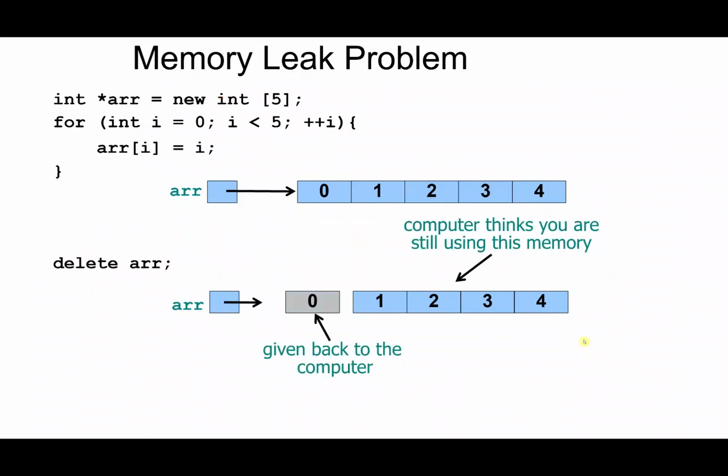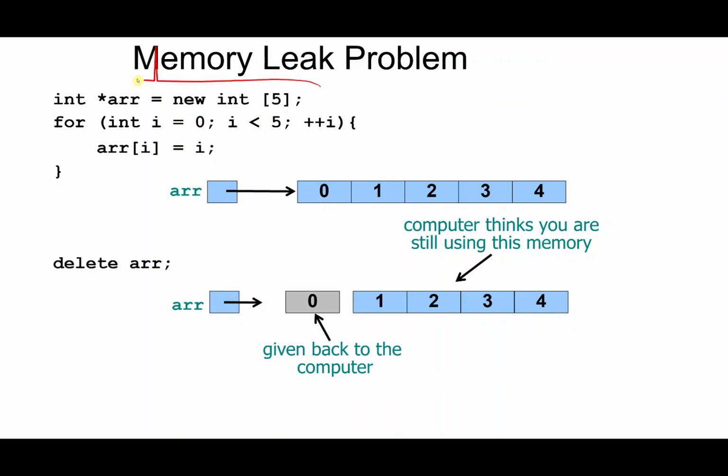This is so dangerous, by the way, because as long as the process exists and you did not delete or give back the memory locations, the operating system still thinks you're using them. And this is consuming your memory without your knowing because of one single mistake.